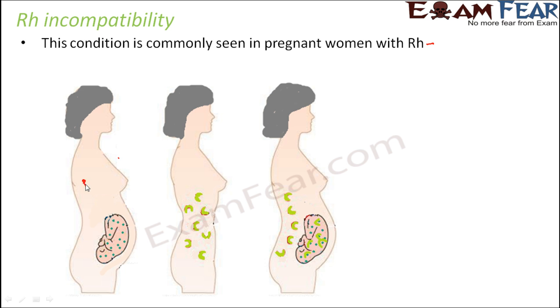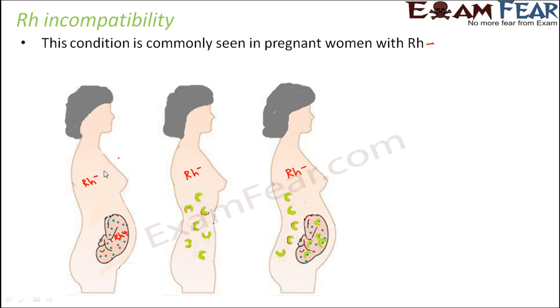Now if this lady is pregnant and let us say that the baby is RH positive, this is the scenario where this condition of RH incompatibility might arise. So let us see what happens.